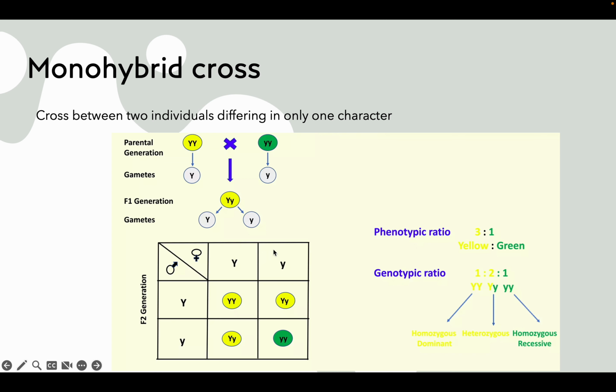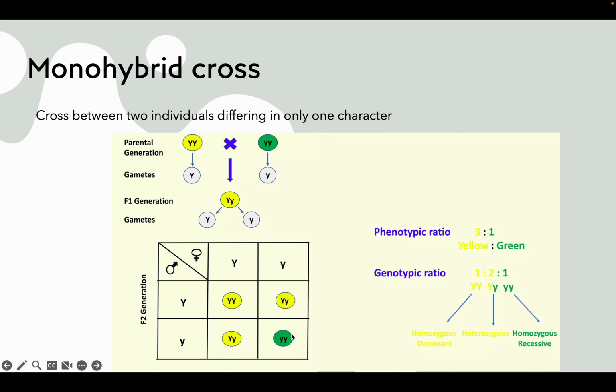When we put this in a Punnett square, we get 3 with the dominant one, either homozygous or heterozygous. Here you can see homozygous, heterozygous, and this is homozygous recessive. So we get 3 with yellow color and 1 with green color.